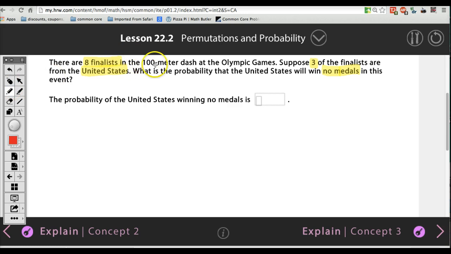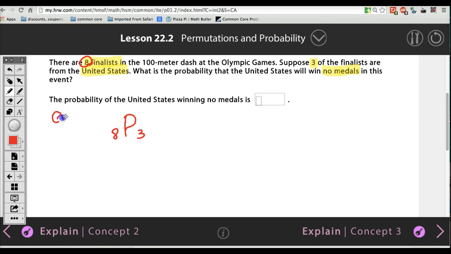There are 8 finalists, and out of the 8 finalists, how many are we picking? Out of the 8, we're going to be picking, and order is important, so we use permutation P. We're picking 3. And so that is the probability of anybody. It could be anybody, any of the 8 people winning the medals. Because how many medals do you have?